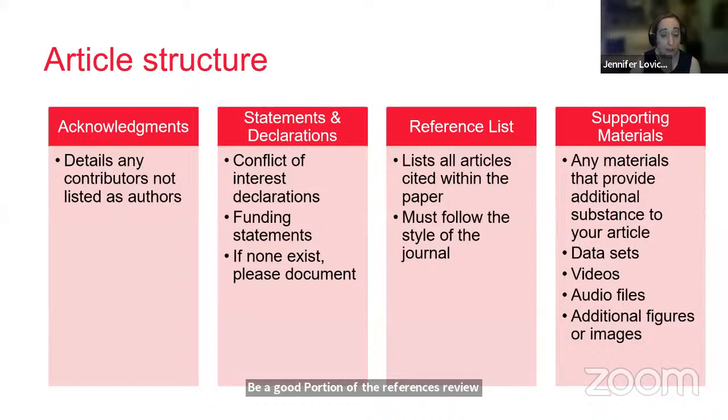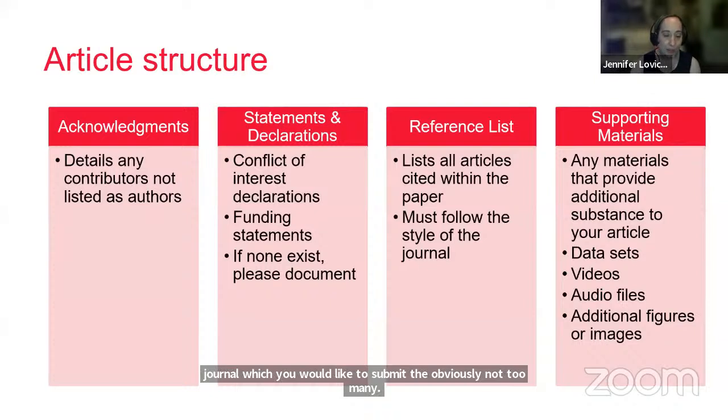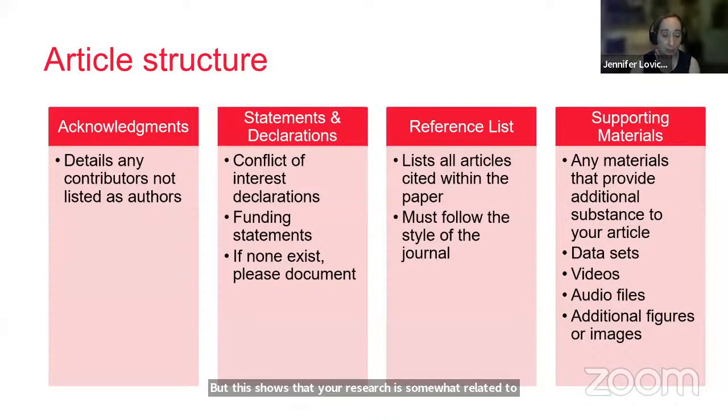Reviewers get concerned if there aren't recent references, especially when they do exist. It is good to reference other papers published in the journal which you would like to submit to, though obviously not too many. But this shows that your research is somewhat related to that journal's aims and scope. However, it is not compulsory and will not necessarily increase the chances of your article being published.